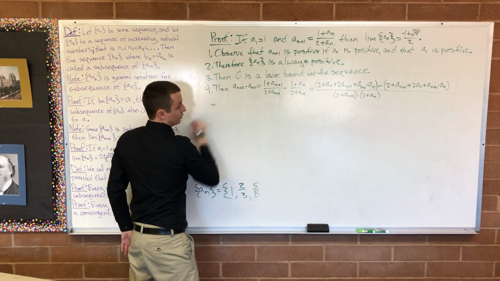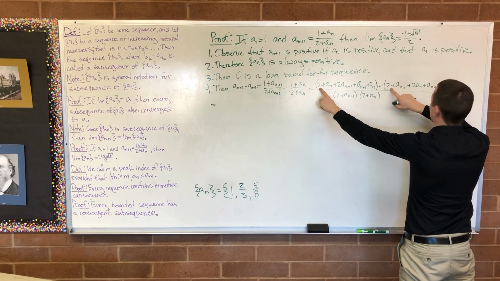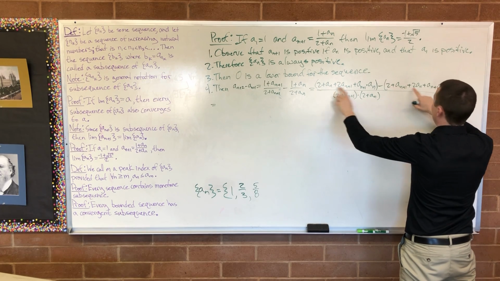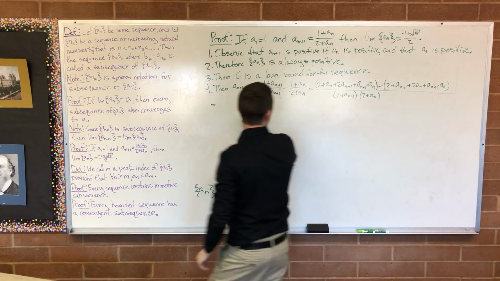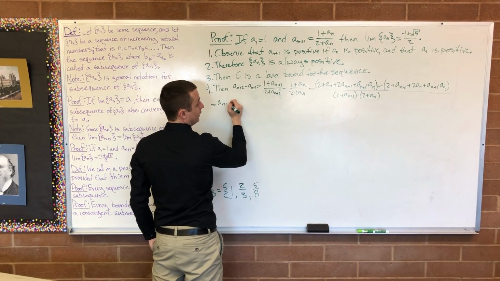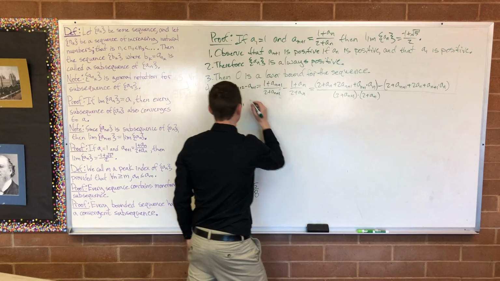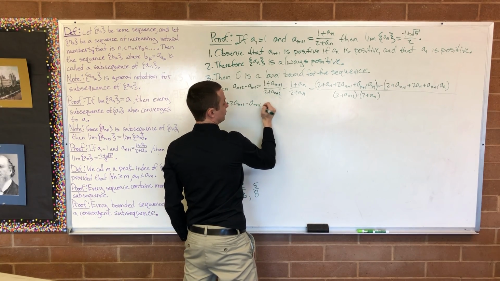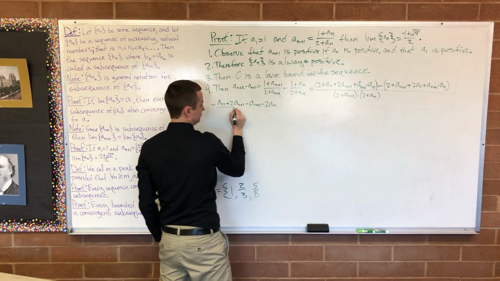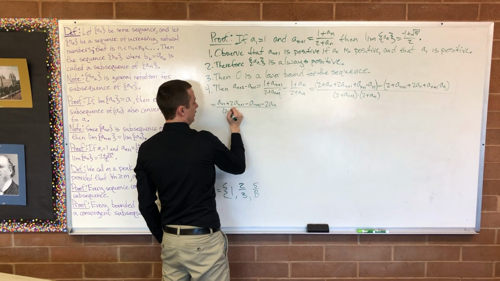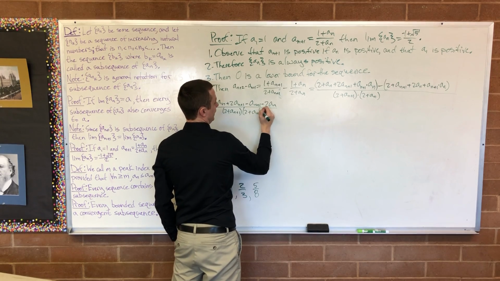Which is equal to, we're going to simplify. Notice the 2's are going to go out, and these are going to go out. So then I'm going to have a sub n plus 2 a sub n plus 1 minus a sub n plus 1 minus 2 a sub n, all over 2 plus a sub n plus 1 times 2 plus a sub n.